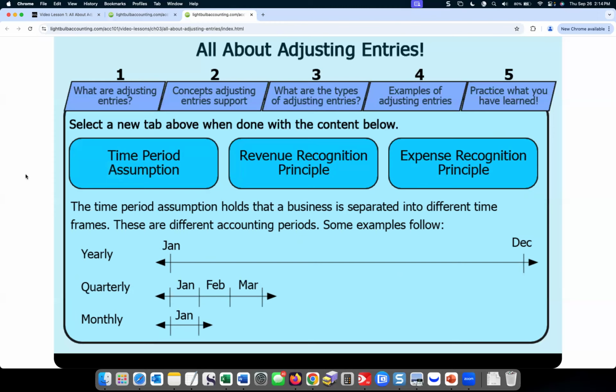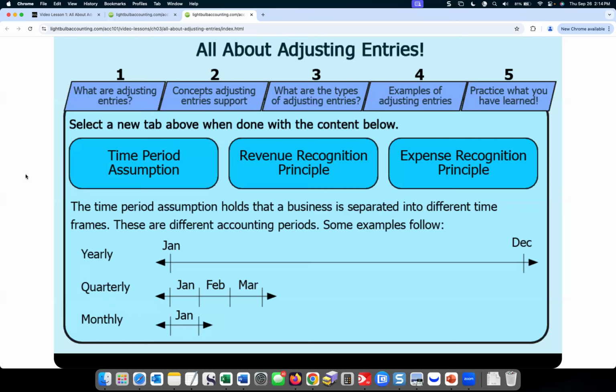And at the end of whatever that cycle is, no matter what the time frame is, we have to make sure that all the balances of our accounts are caught up, so to speak, and everything that happened in that time frame, no matter what length, that we make sure that those things are in there. All right.